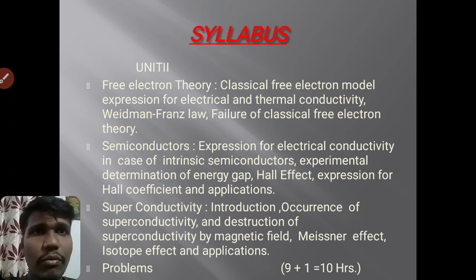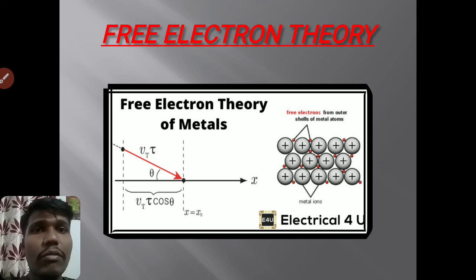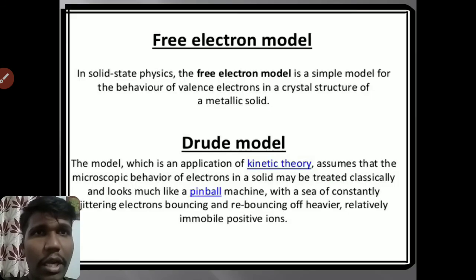And now, what are free electrons in semiconductors or solid state physics? Free electrons come from the outer shell of the metal atoms. They describe the behavior of valence electrons in the crystal structure.